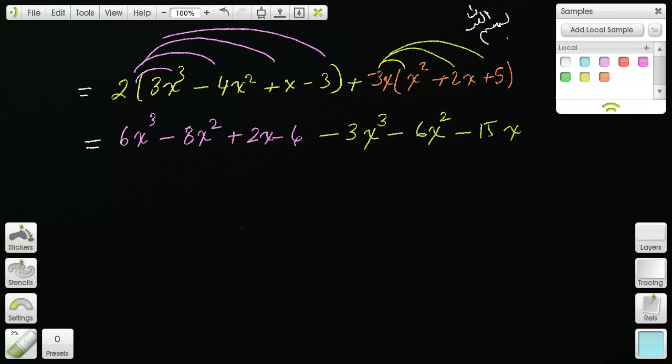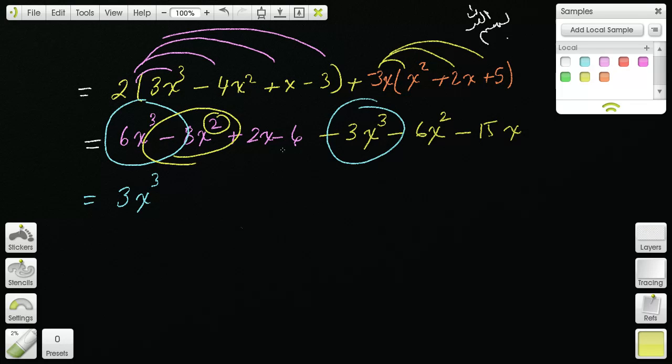So then we look for like terms, and like terms, if you recall, have the same variables to the same exponents, or they're the constant terms. So here the like terms are the x cubed terms. So we have 6x cubed minus 3x cubed. That's going to give us 3x cubed. And then we have the x squared terms. That's negative 8x squared and negative 6x squared.